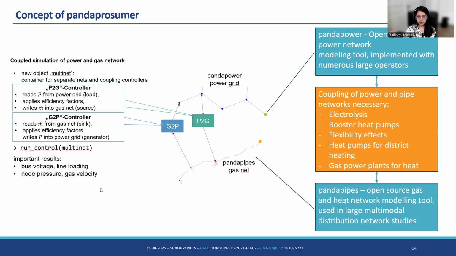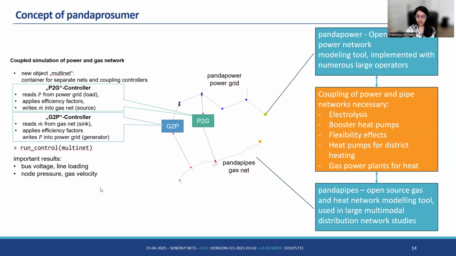Similarly, Panda Pipes is also an open source modeling tool for modeling gas and heat networks, which has already been implemented for several multimodal distribution network studies. And now Panda Prosumer acts like a bridge that couples both Panda Power and Panda Pipes, and also simulates different energy infrastructures.